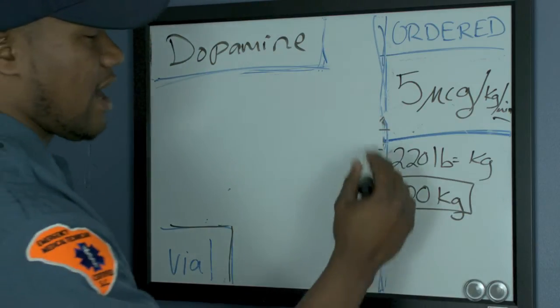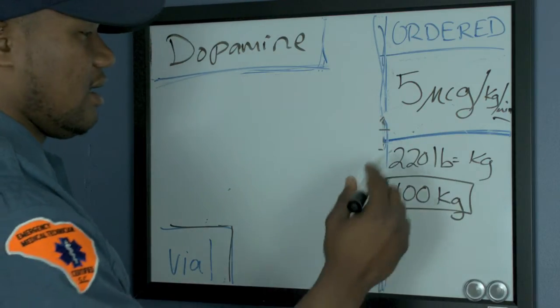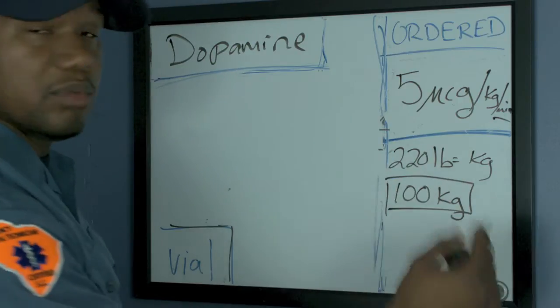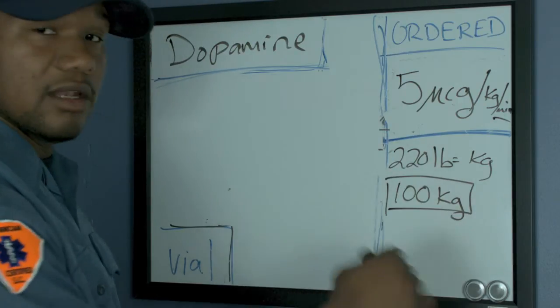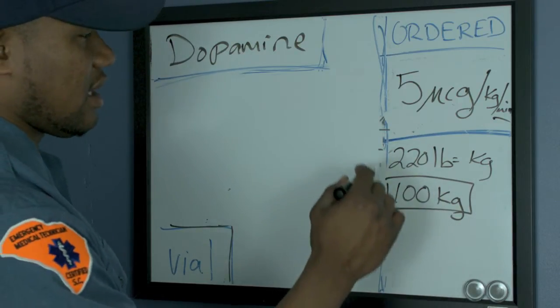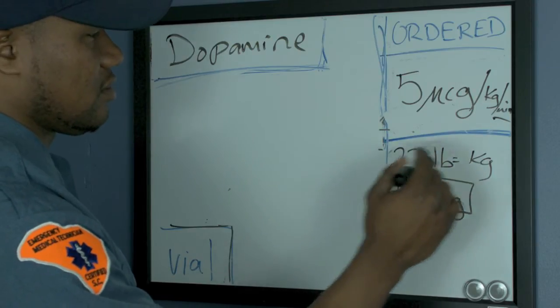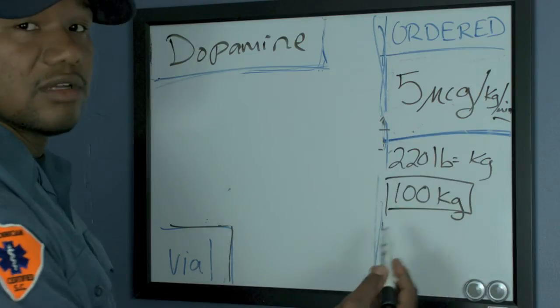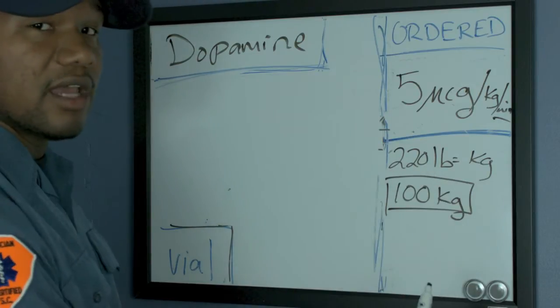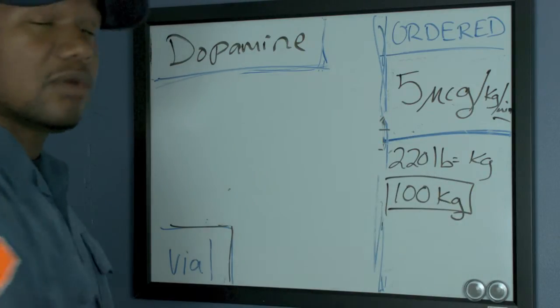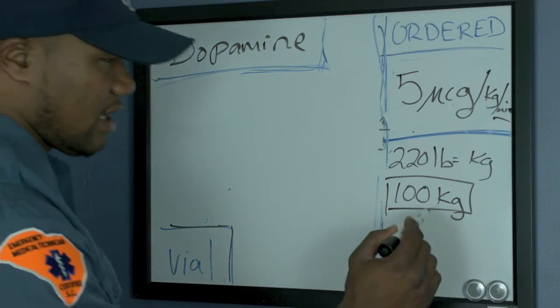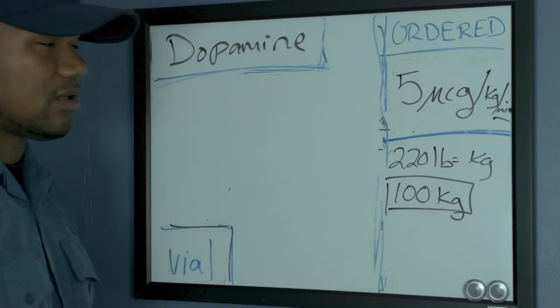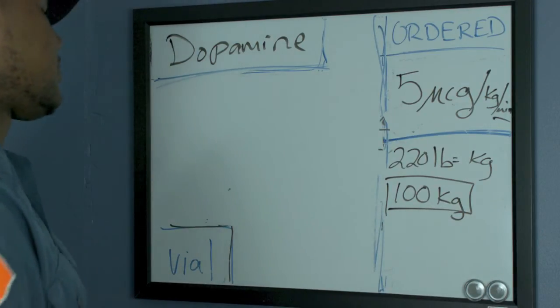Or you can divide by 2 and then take 10% of whatever that number is. So in this case, we would divide by 2, which would give us 110, and then we would take 10% of 110 and subtract that, which would also give us 100. So then that's 100 kilograms is what this person actually weighs.